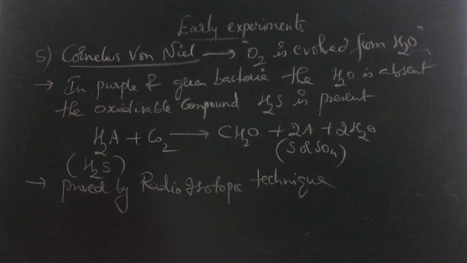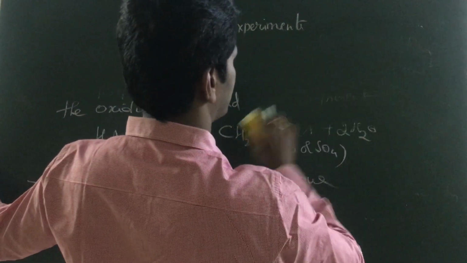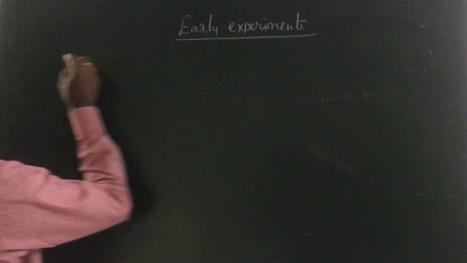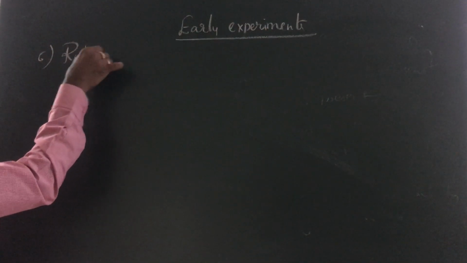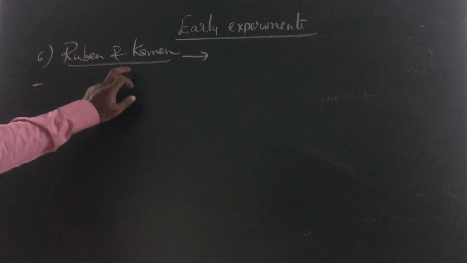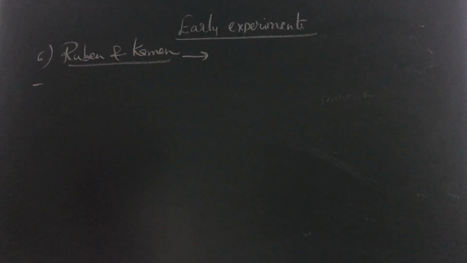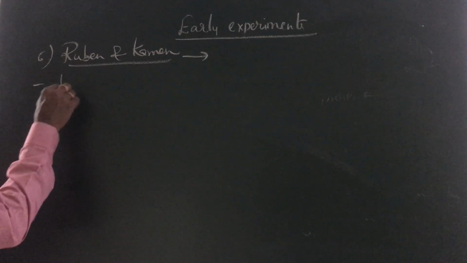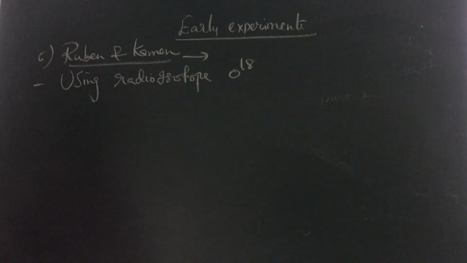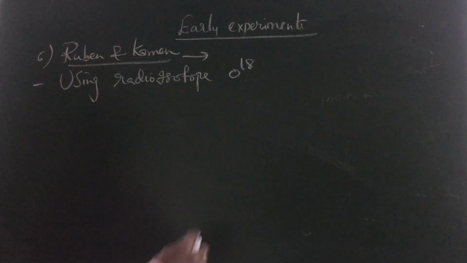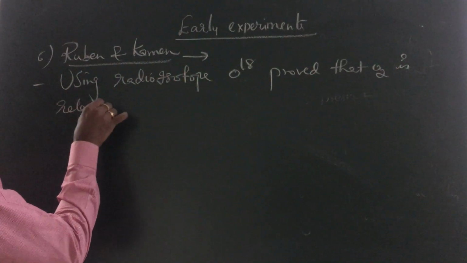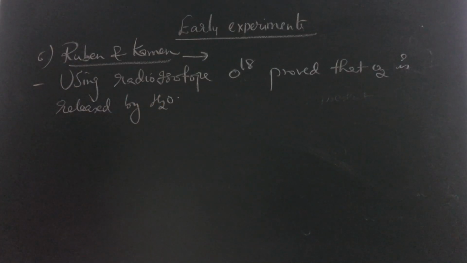Next is Rubin and Kamen. In 1941, Rubin and Kamen, using the radioisotope O18, proved that oxygen is released from water.